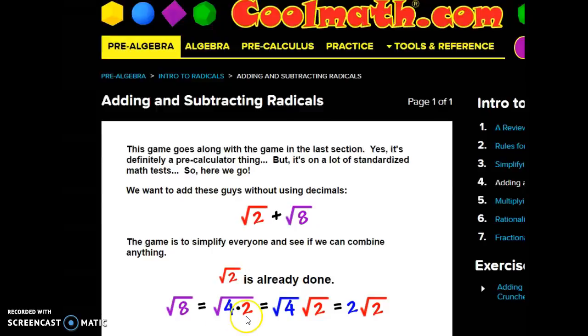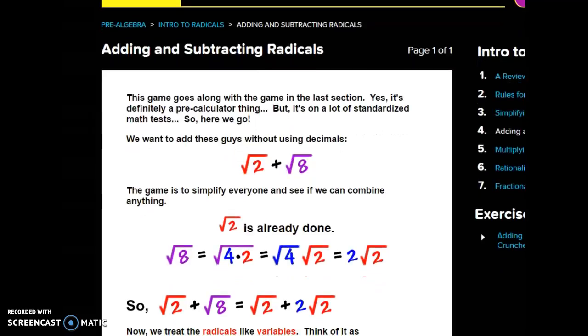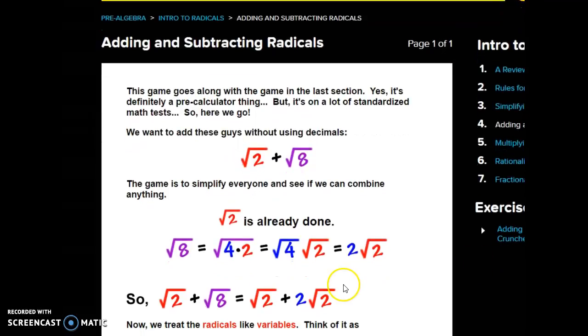When we're saying the square root of 4 times 2, we could also say that as the square root of 4 times the square root of 2. Therefore, we come up with 2 times the square root of 2. So the square root of 2 plus the square root of 8 is equal to the square root of 2 plus 2 times the square root of 2.